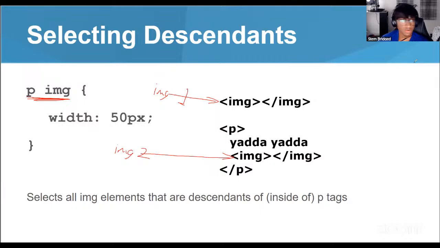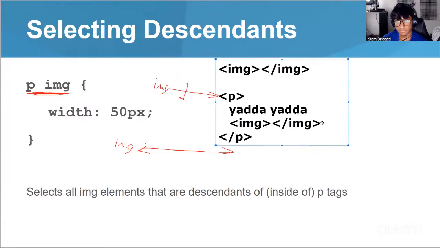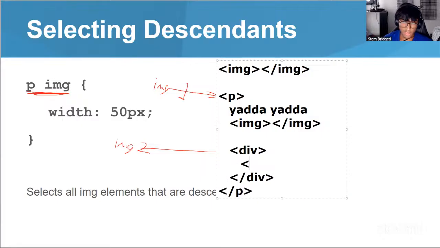Now let's go on to something a little trickier. Let's add something inside of the paragraph. Let's say there's a div inside the paragraph. If you guys don't know what a div is yet, don't worry about it, but I'm going to put a div inside of here, right? You don't need to know what a div is to answer this question. Then inside of this div, we're going to have another image.